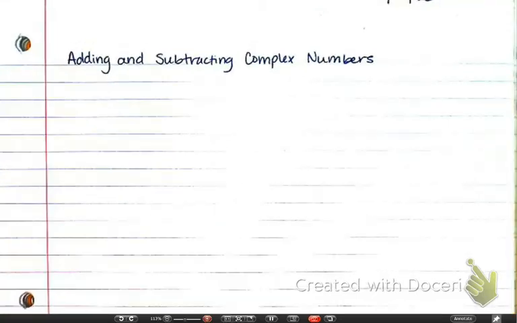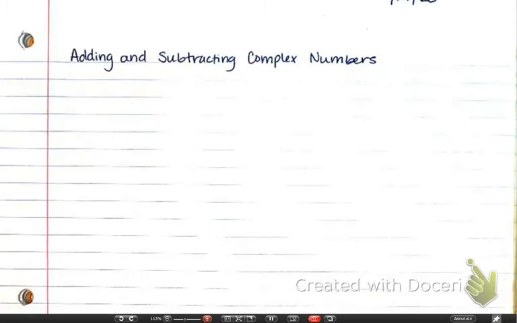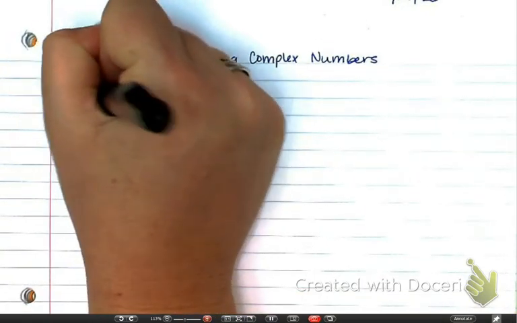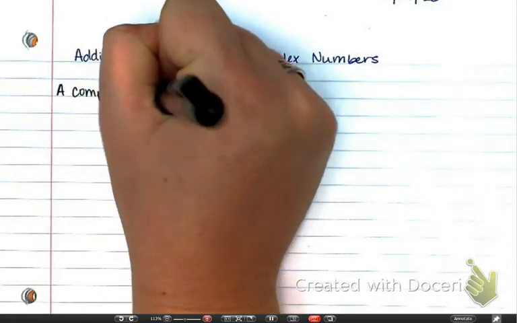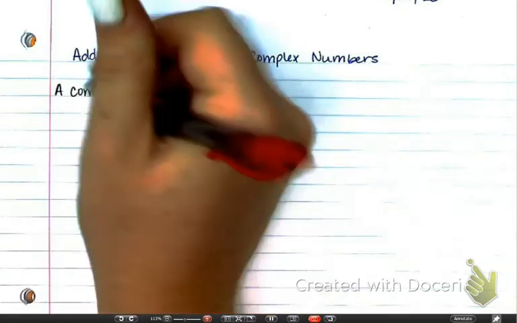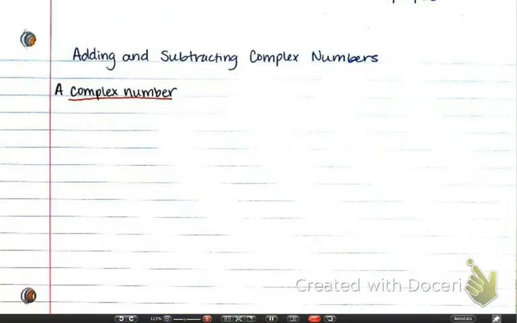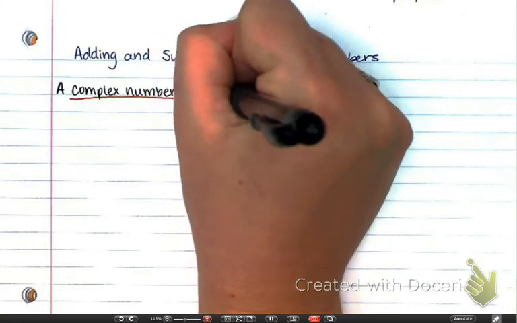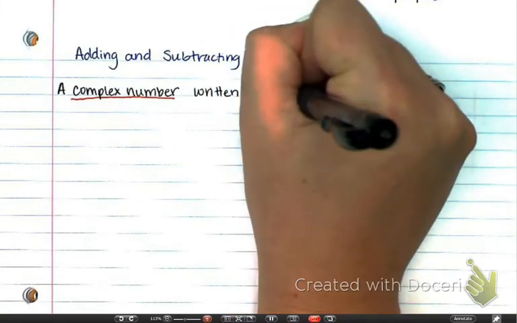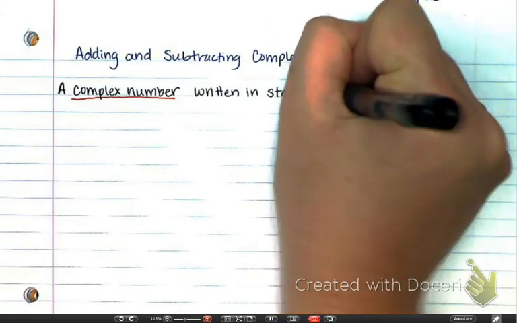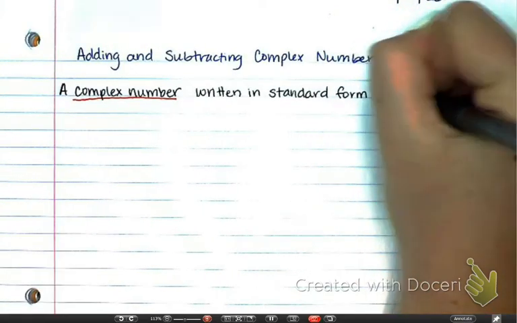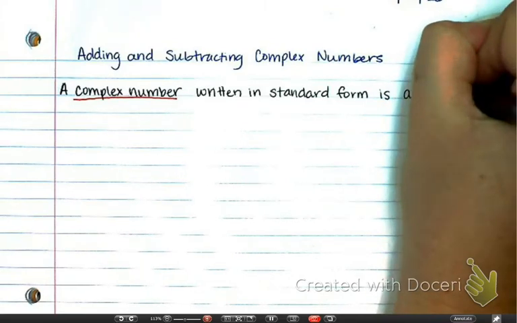Okay, so we're adding some more information, adding and subtracting complex numbers. So let's start with some definitions. A complex number written in standard form is A plus BI.